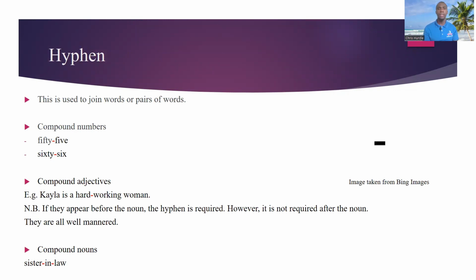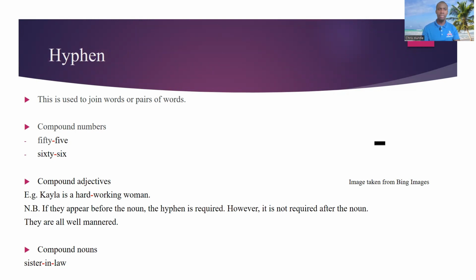Hyphen. Now, a hyphen is used to join words or pairs of words. So it is used in compound words, words that comprise two or more words, right? So we have compound numbers, 55, 66.